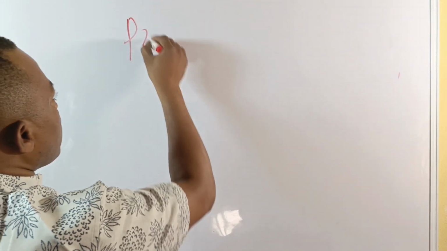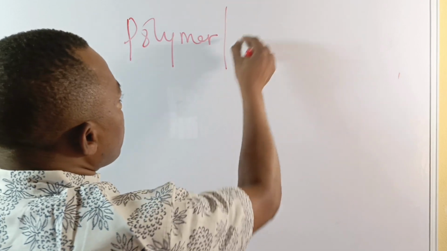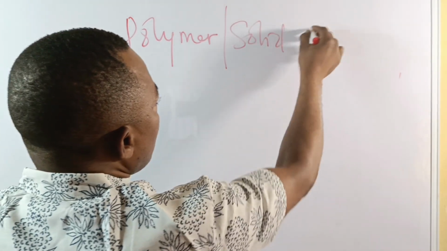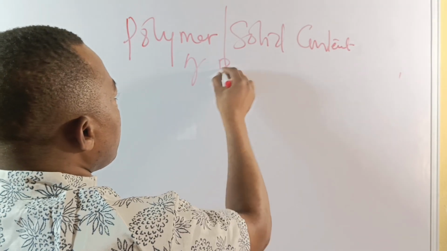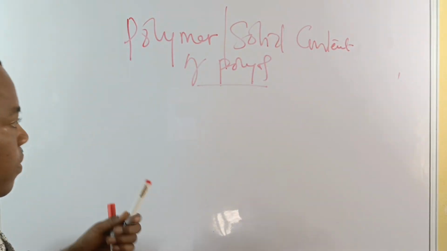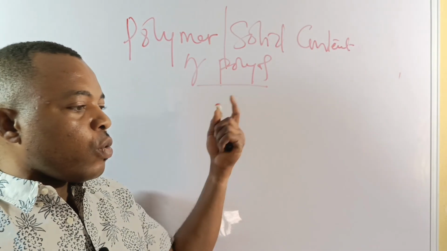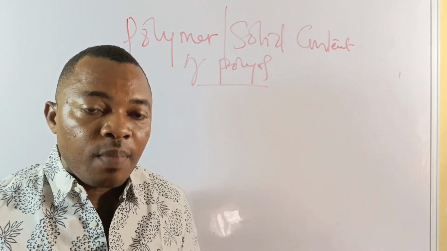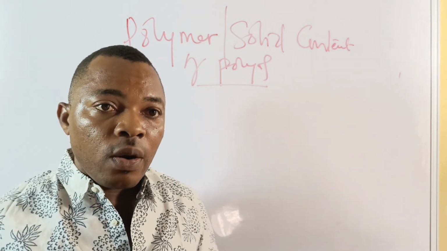Now, polymer content, polymer solid content of polyol. When you look at the technical data sheet, you come across it, and it's well stated there by the manufacturer of polymeric polyol.